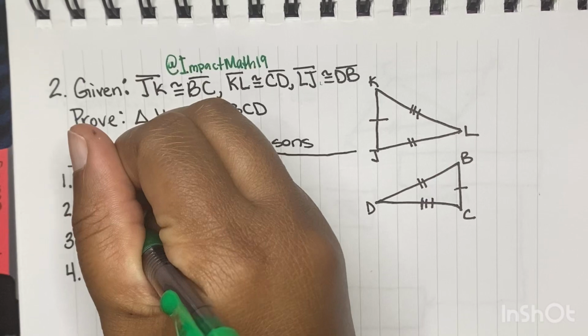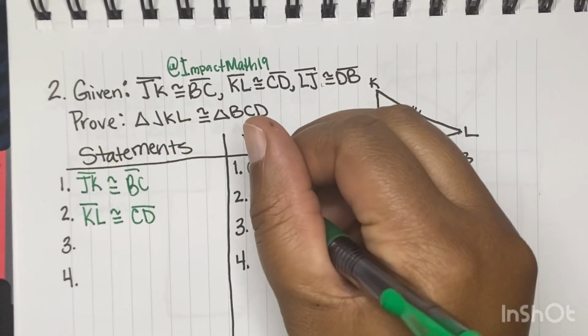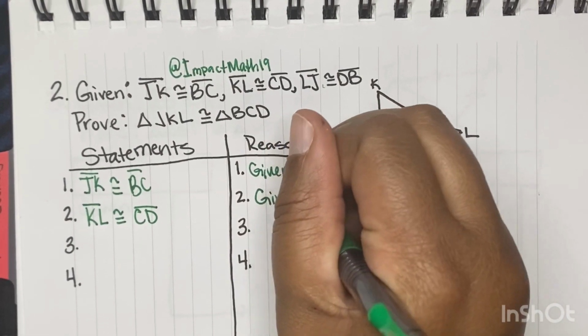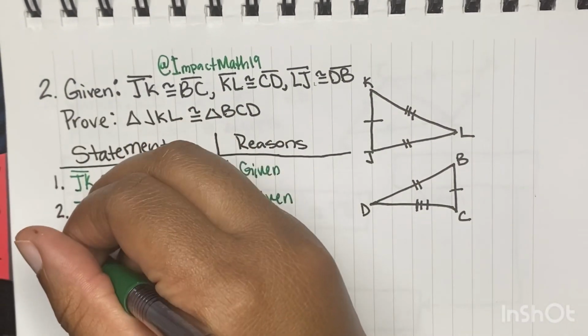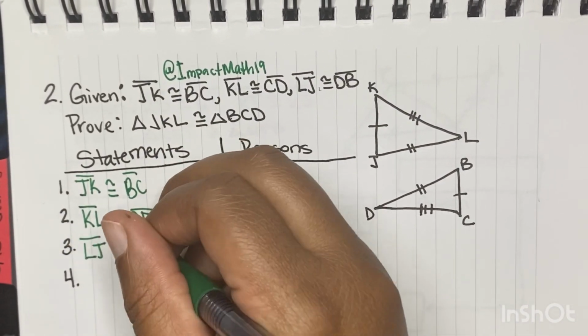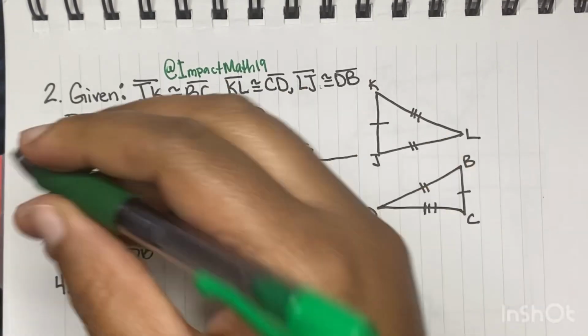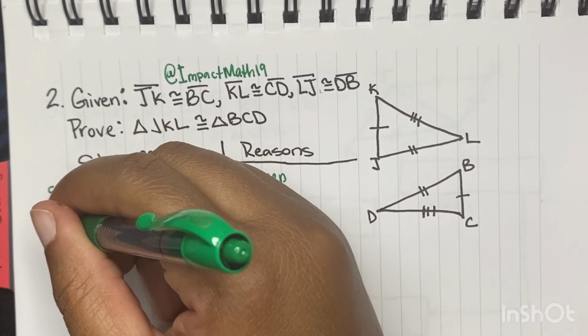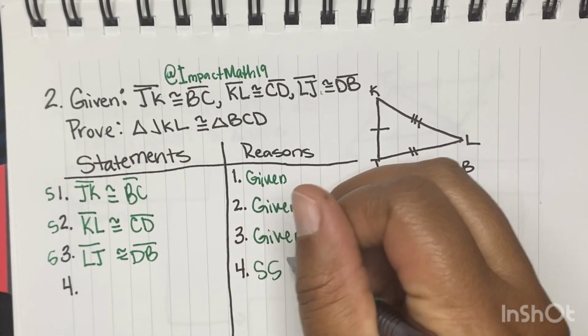KL is congruent to CD. And that is given. Remember, this symbol means congruent, which means equal. And then LJ is congruent to DB, and that's also given. So this is a side, this is a side, and this is a side. So number 4 has to be side, side, side.